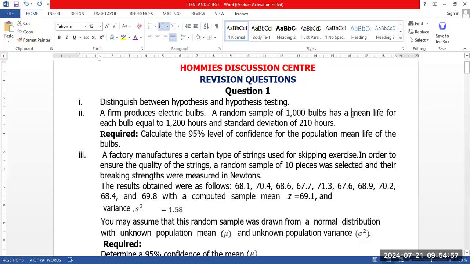We are given a sample mean, because they told us a random sample has a mean life. So this is not the population mean. This is the sample mean, and also the sample standard deviation. Get your books and note what we are given.